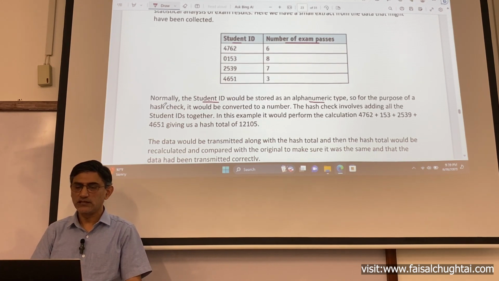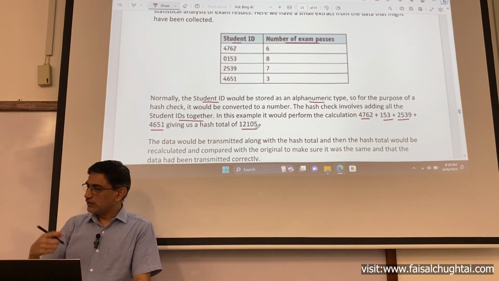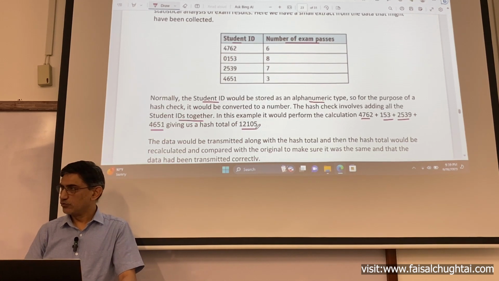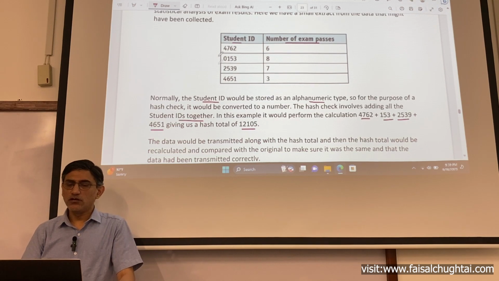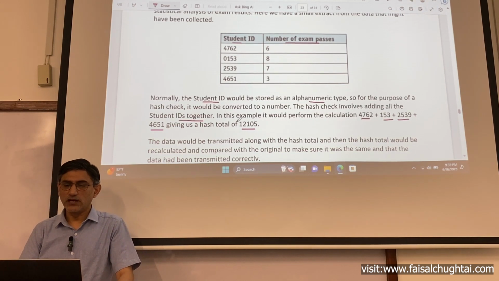So what he says is that the hash check involves adding all the student IDs together, which could be this added to this, and this gives you a hash total of this. Now, once this student data along with the number of exam passes is entered into the computer, based on the manual calculation that was done on student IDs, you arrived at a certain total, which was this.